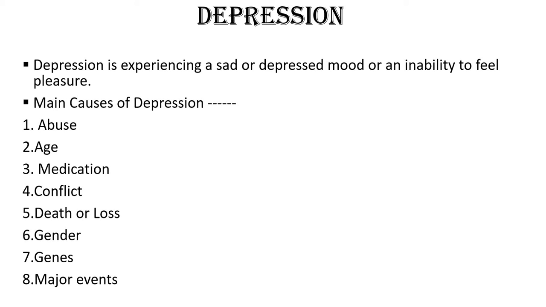Now the next factor, that is genes. A family history of depression may increase the risk, that is hereditary. It's thought that depression is a complex trait, meaning there are probably many different genes that each exert a small effect, rather than a single gene contributing to disease risk.